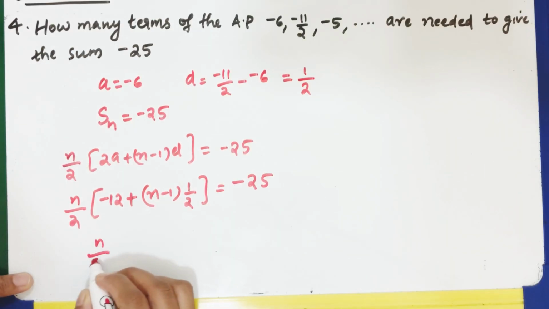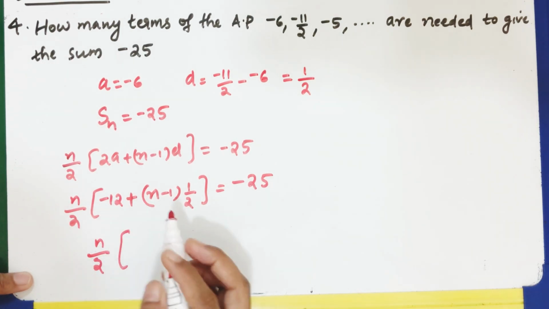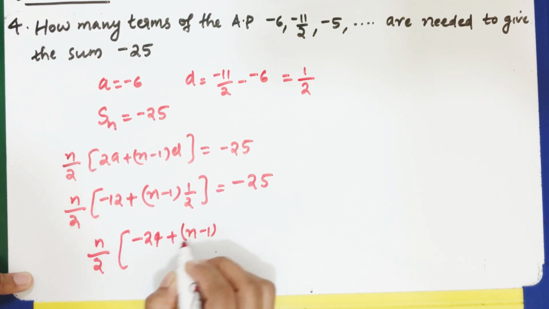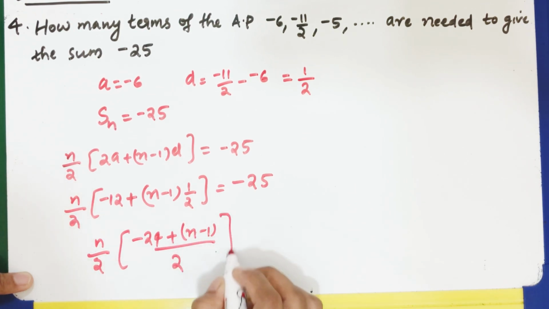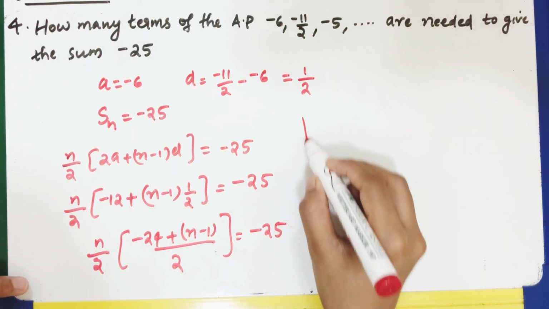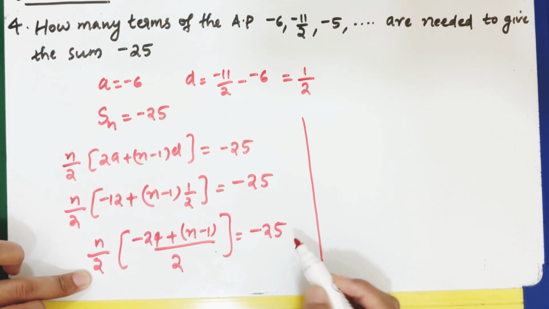This is n by 2 into (minus 24 plus (n minus 1)) by 2 is equal to minus 25. Take the 2 into 2 to the other side, that is minus 25 into 4, that is minus 100.